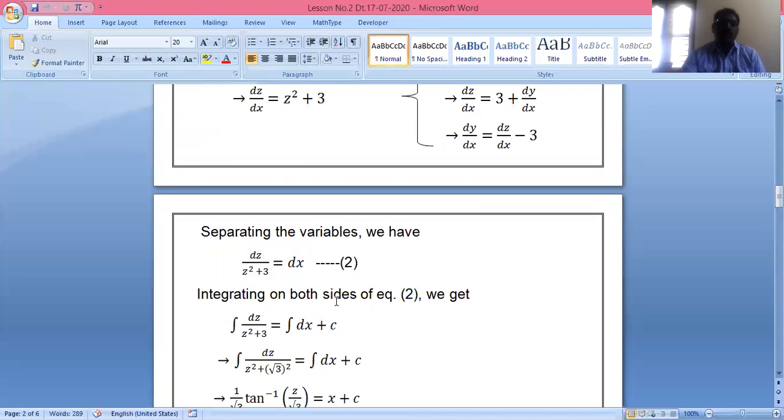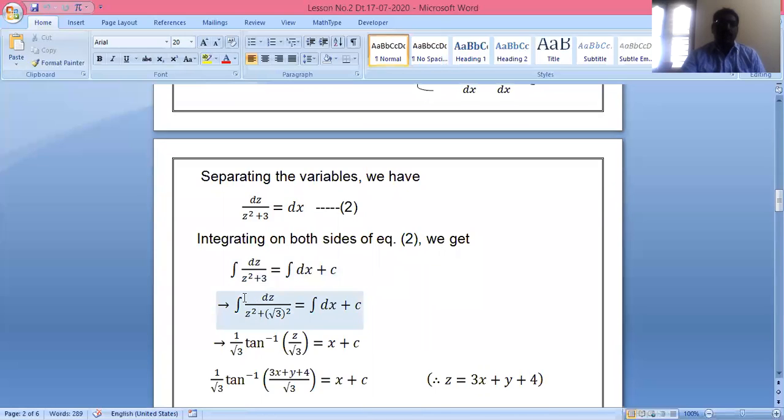Integrating on both sides of equation 2, we get integration dz by z square plus 3 is equal to integration dx plus c. That implies integration dz by z square plus root 3 whole square is equal to integration of dx plus c.